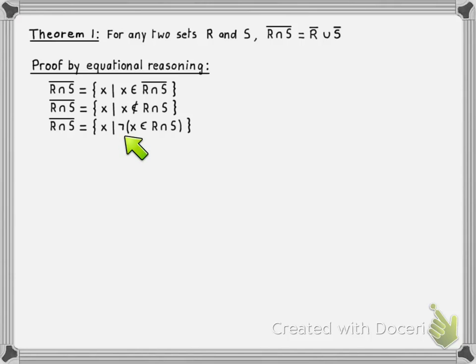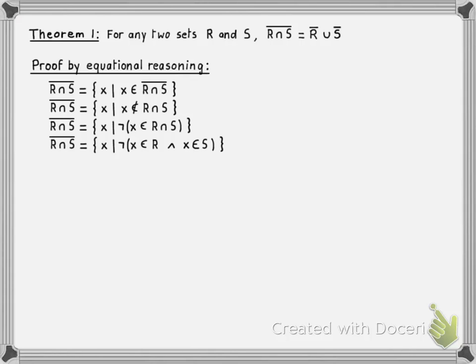It says it is not the case that X belongs to R intersect S. Now let's use the definition of intersection to replace this part of the set definition. What does it mean for X to belong to R intersect S? Well, it simply means that X belongs to R and at the same time X belongs to S.